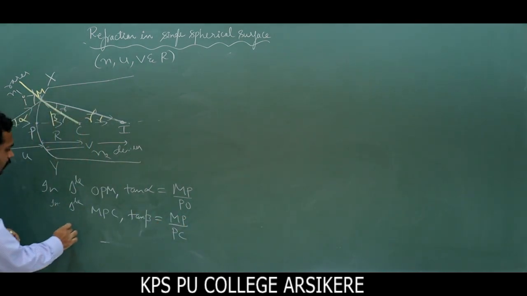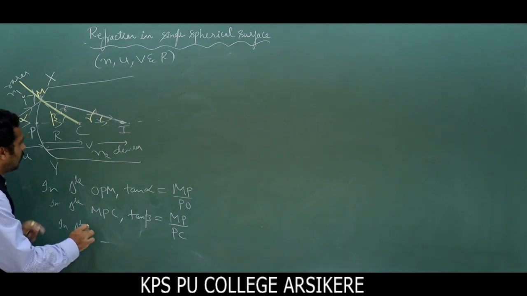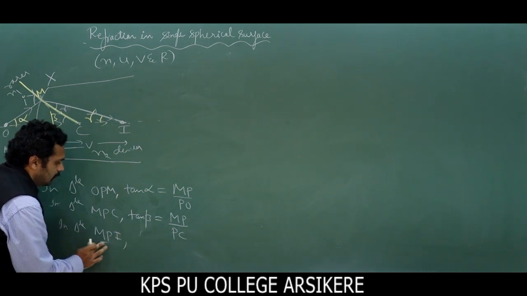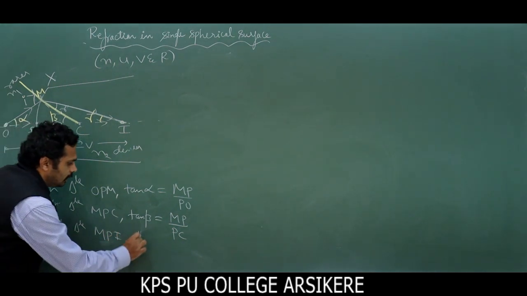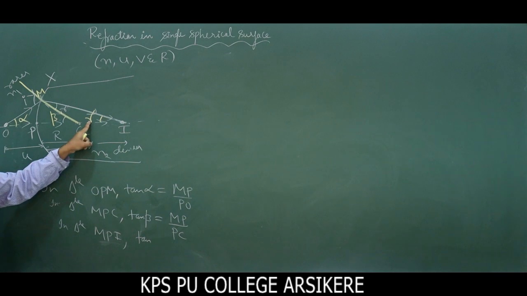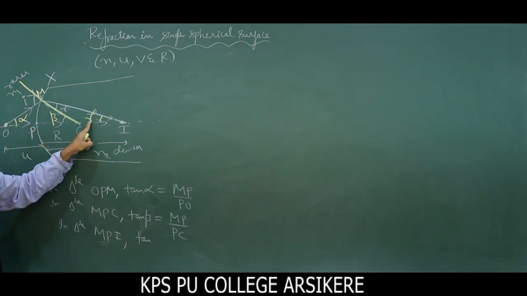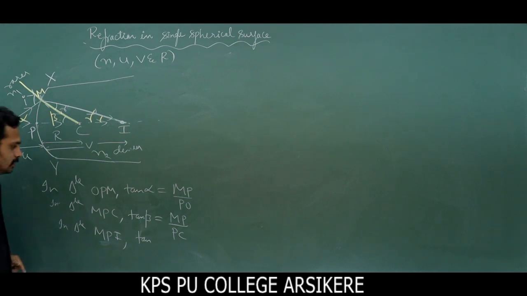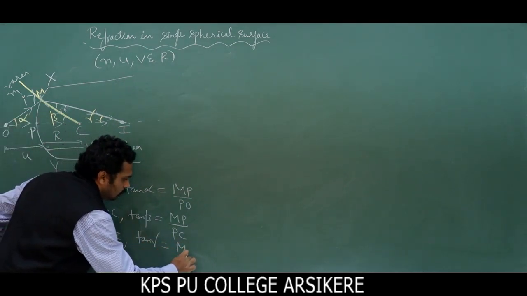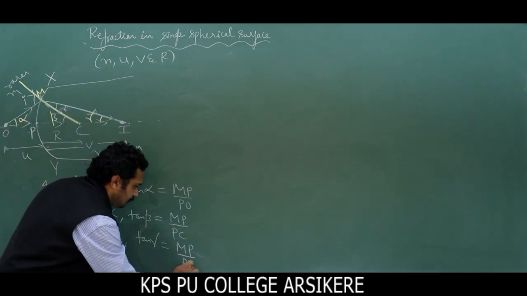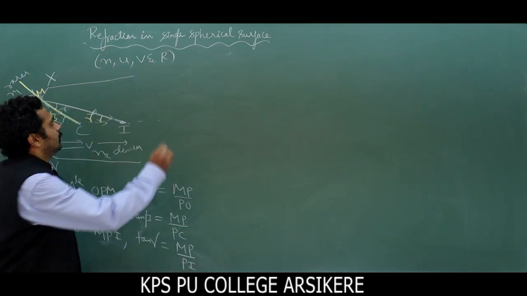Now take another triangle, the right angle triangle MPI. Here the angle is gamma. Apply tan. Tan gamma is equal to opposite by adjacent, MP by PI.